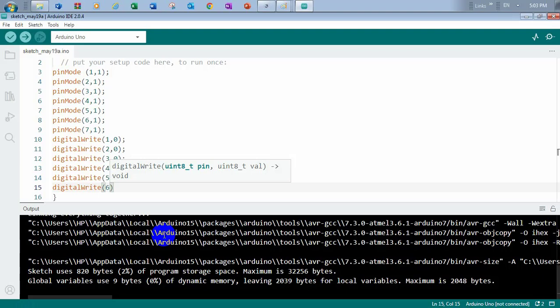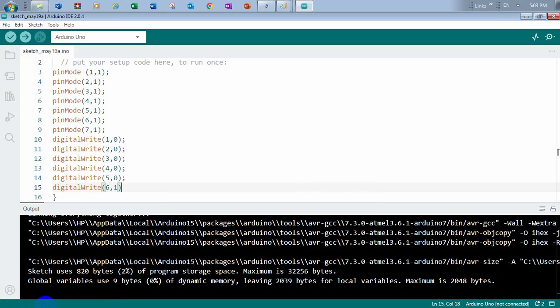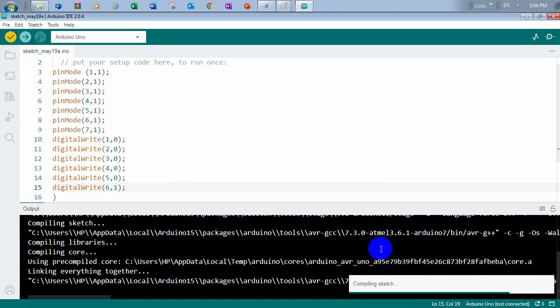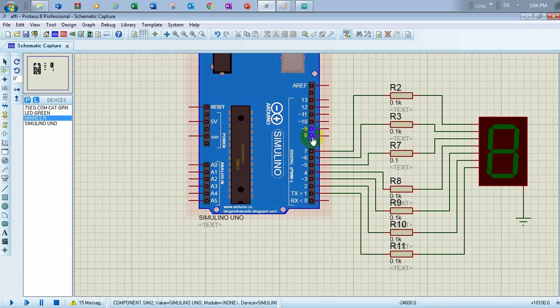And we go here, test. So this link is connected with this segment. And we go here, test.